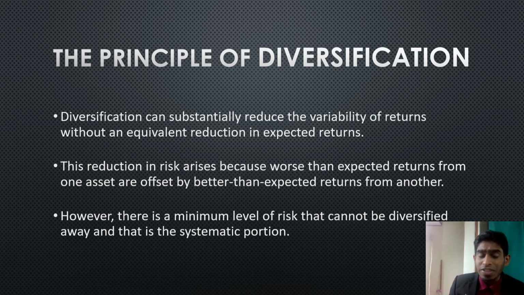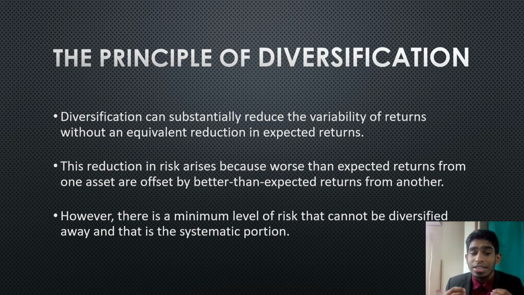Okay, let's see about the principle of diversification. Okay, diversification can substantially reduce the variability of returns without an equivalent reduction in expected return. Okay, first of all, apa itu diversification? Diversification bermaksud kepelbagaian. Yang pelbagai, diversity, kepelbagaian.